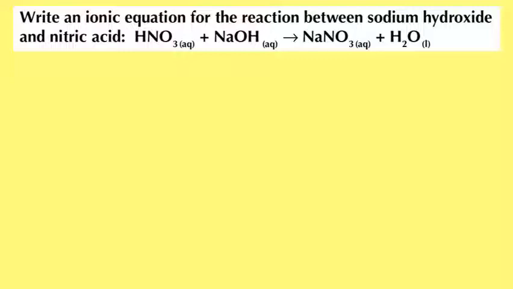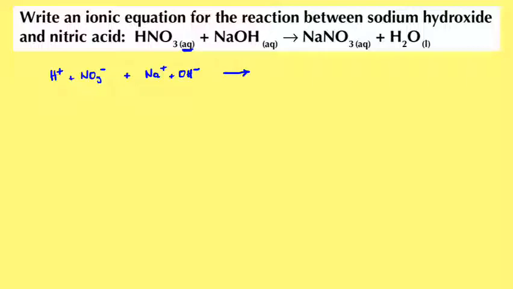So step 2, you'll remember, is to write out all the ions. Okay, so let's do that. We've got aqueous nitric acid, so that means it's dissolved, and so you would have a hydrogen ion, and you would have a nitrate ion, and then for the sodium hydroxide you have a sodium ion and you have a hydroxide ion, and they are what's in the solution.